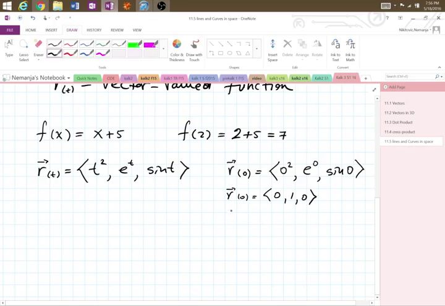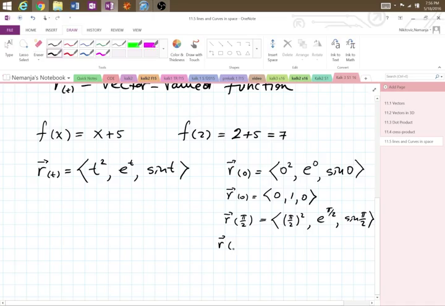You can also compute r of, let's say, pi over 2. So you will get pi over 2 squared, e to the pi over 2, and sine of pi over 2. That can be simplified.